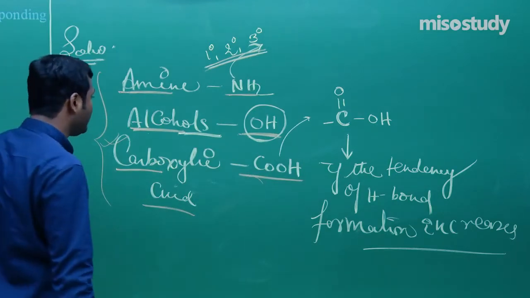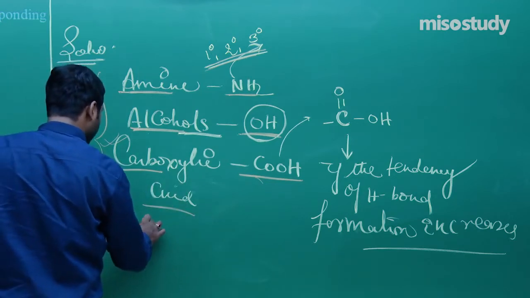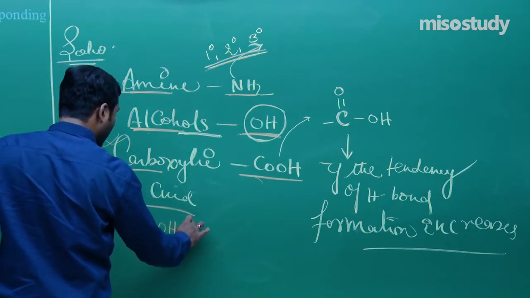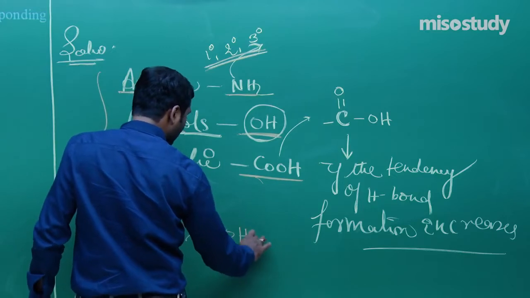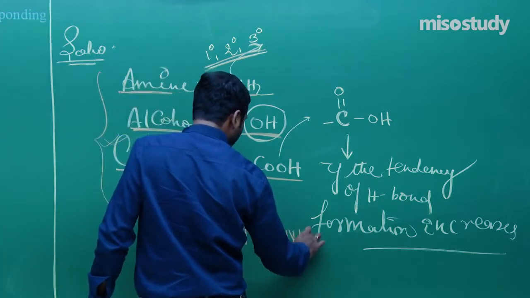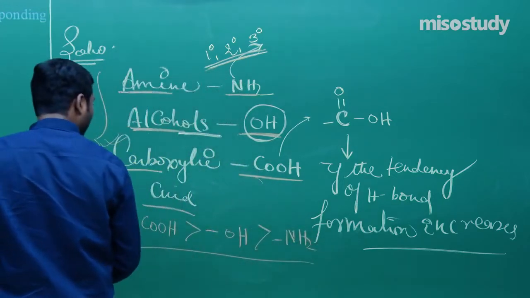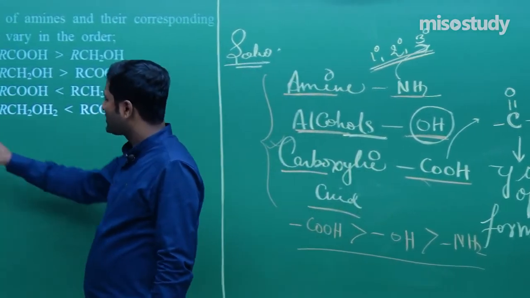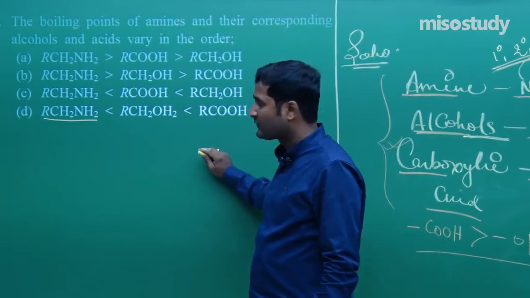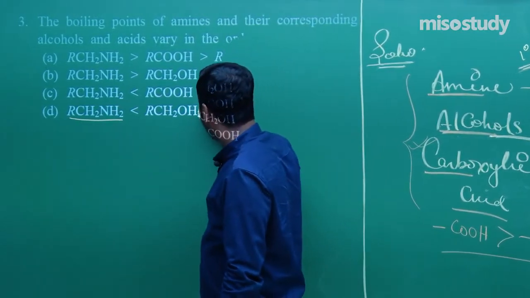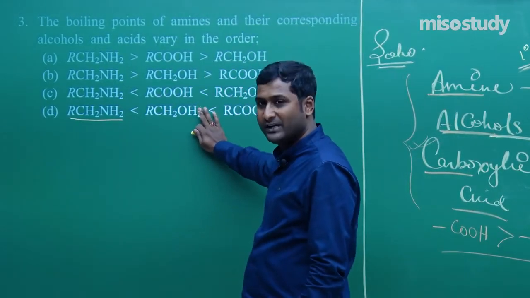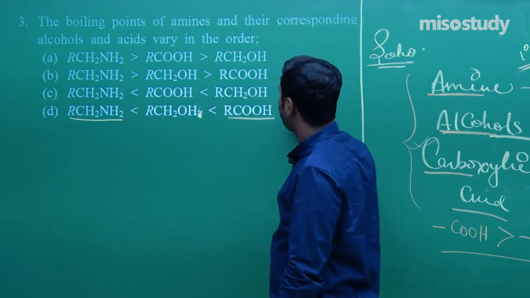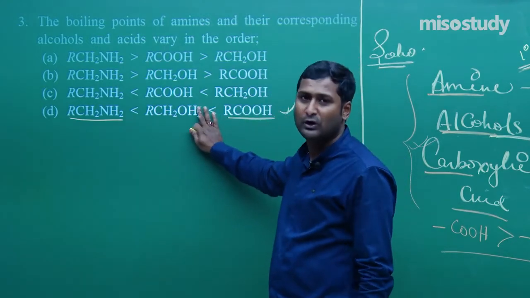Clear? So now in this case, what will happen? COOH group will have more boiling point than OH group, then NH2 group. This is the correct order. So now check which one: that is option D, RCH2NH2, then RCH2OH, then RCOOH.